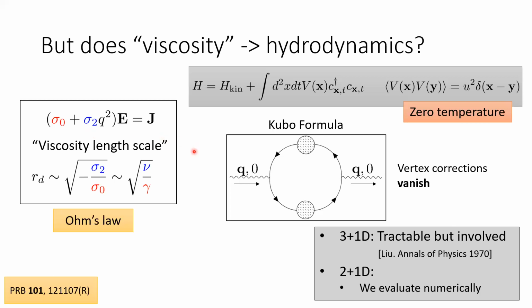Right. The model that I've written down here is just a fermion kinetic energy coupled to Gaussian disorder, zero temperature. And you do the standard thing where you calculate the conductivities using a Kubo formula, and then you do this expansion to Q squared order.